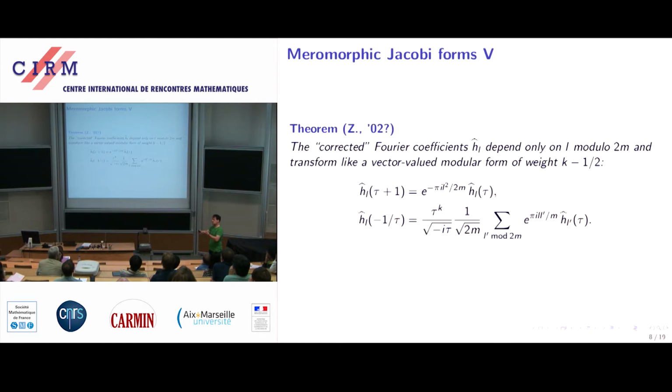So we've corrected it, and then, ta-da, you have the old formulas back. So you had to do some correction, but then they transform nicely. They transform as a vector valued modular form of weight k minus 1/2, just as before, and the transformation properties look exactly the same.